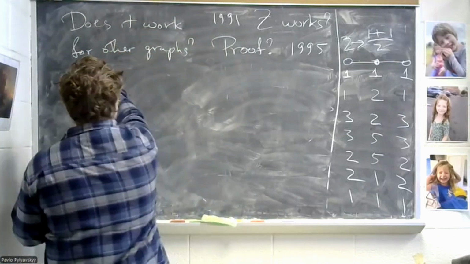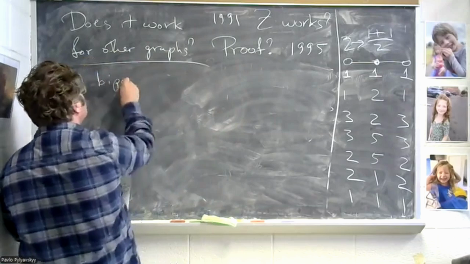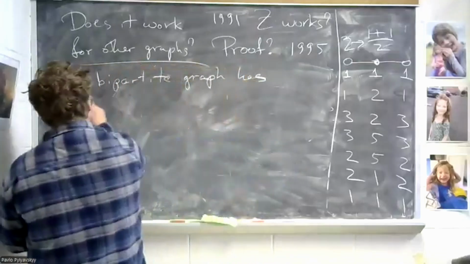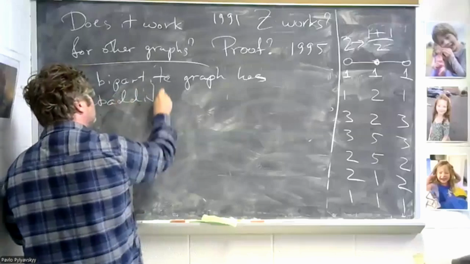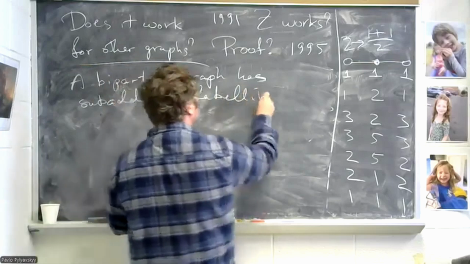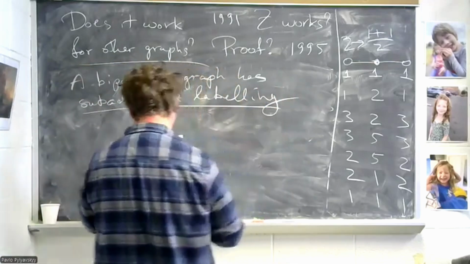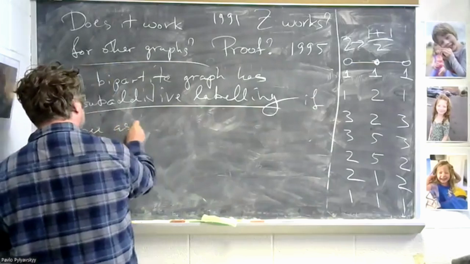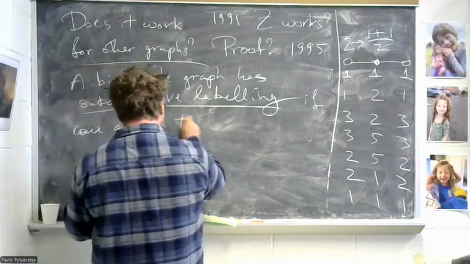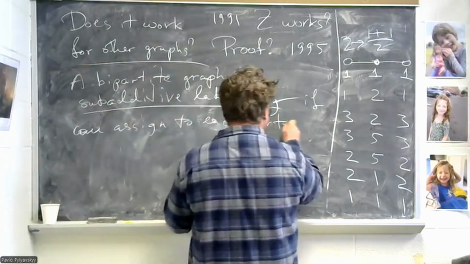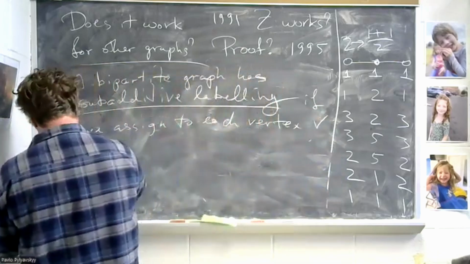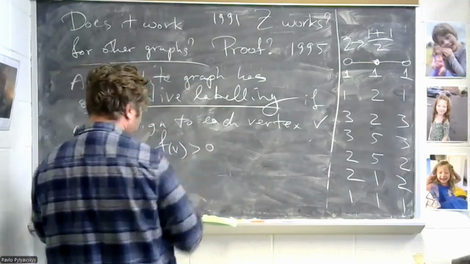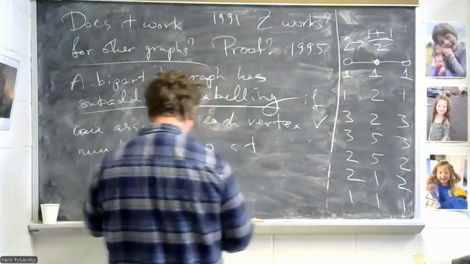Okay, so here's the definition. A bipartite graph has a sub-additive labeling if we can assign each vertex V a number f of V, which has to be a positive number, such that the following condition holds.